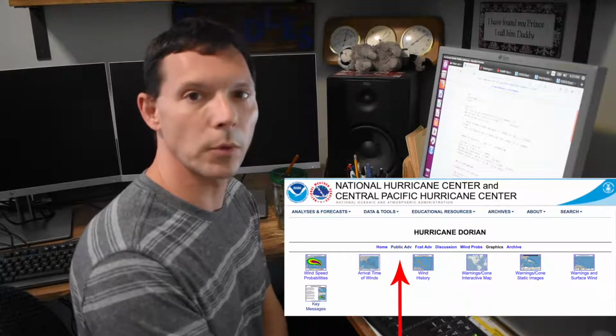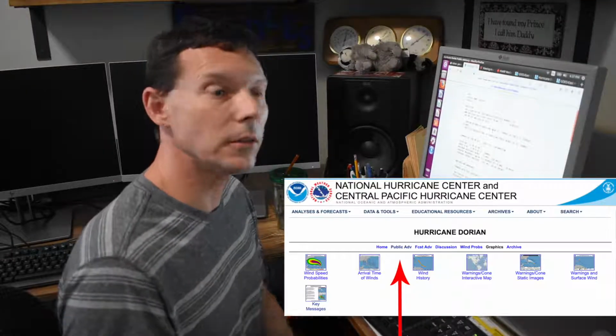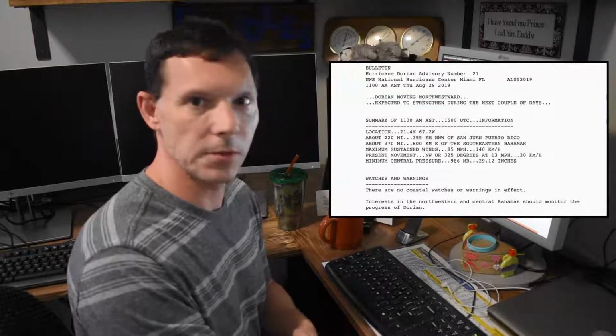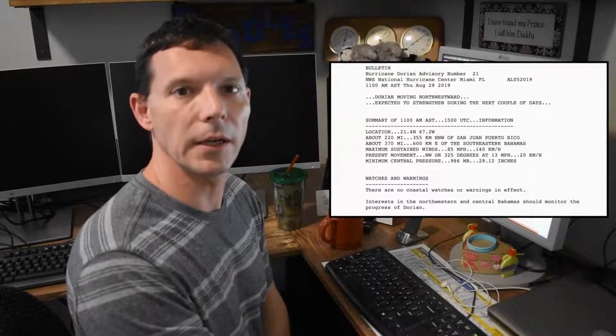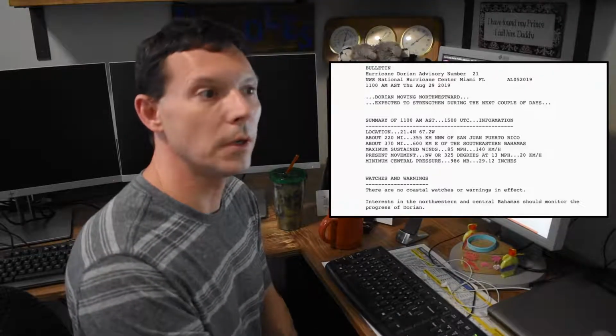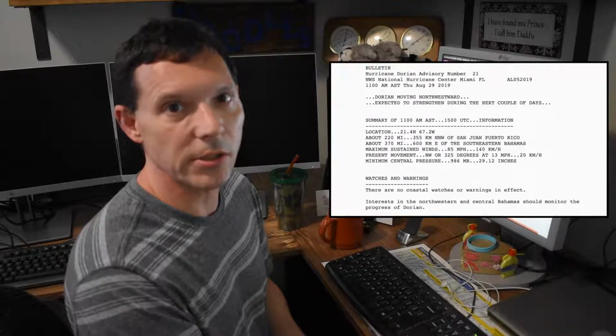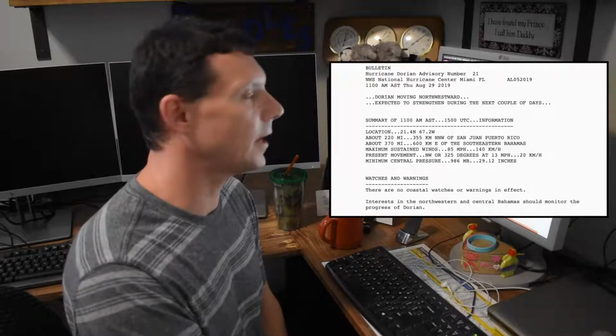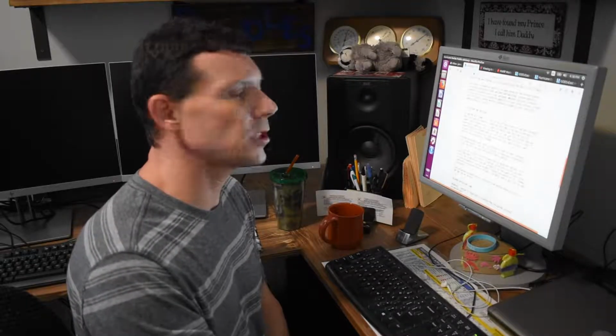Some of the other products from the National Hurricane Center that I'll take a look at are the text products. The public advisory is usually a good one. That's the one where they make it very non-technical and break it down for the public. There will be its current location, all the parameters, wind speed, so on and so forth, the movement, any hurricane or tropical storm warnings, watches, advisories, things along that line, the extent of the watches and the warnings, and then what to expect.